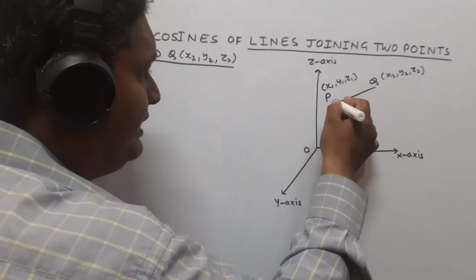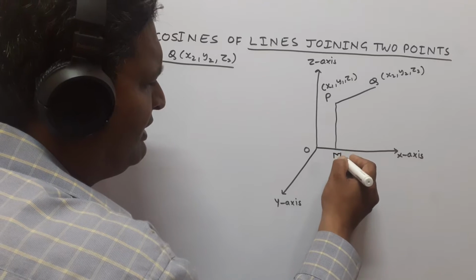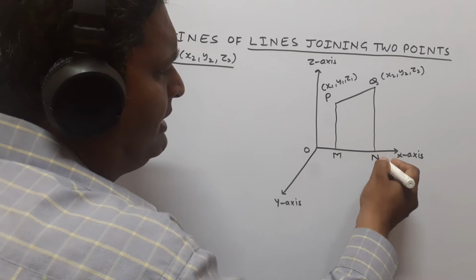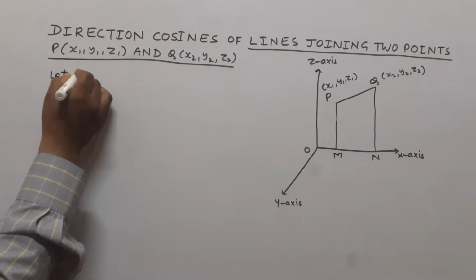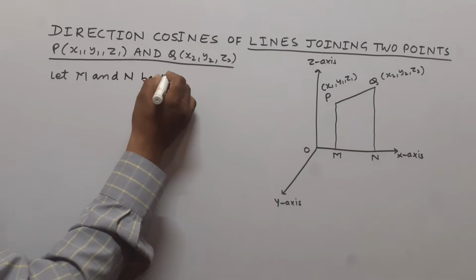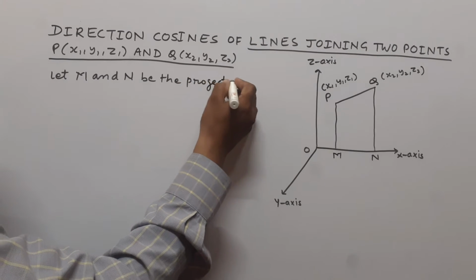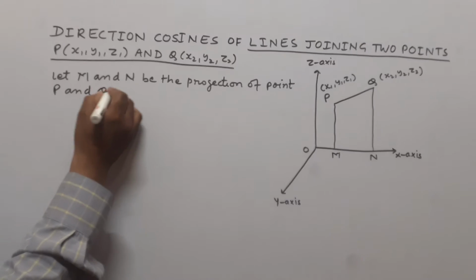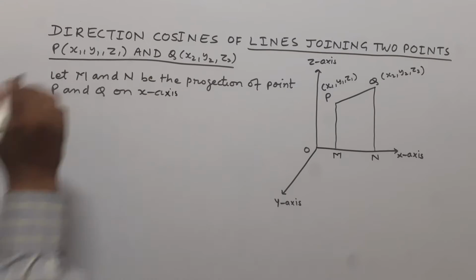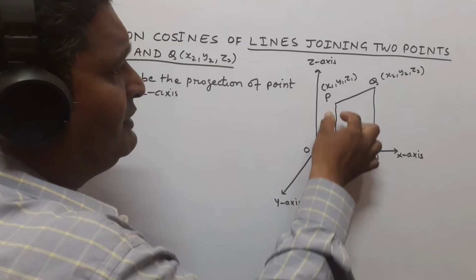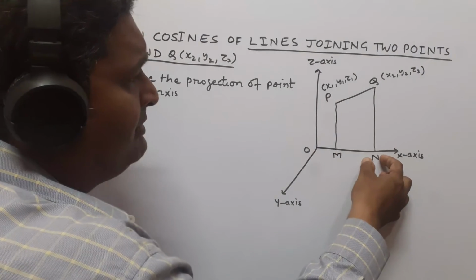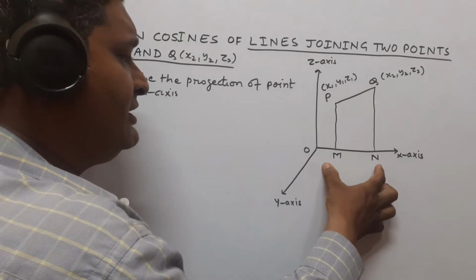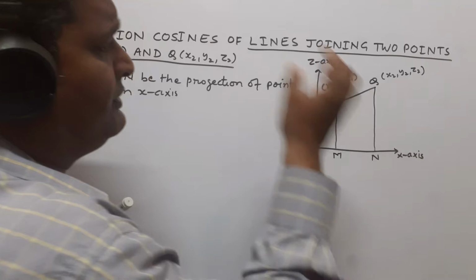So here suppose that M is the projection of point P on the x axis and N is the projection of point Q on the x axis. Here capital M is the projection of the point P on the x axis and capital N is the projection of point Q on the x axis.